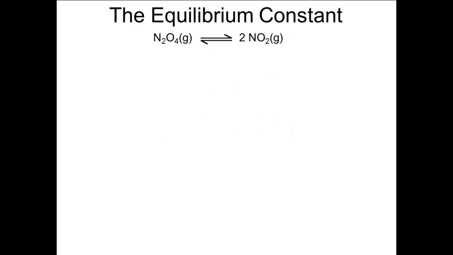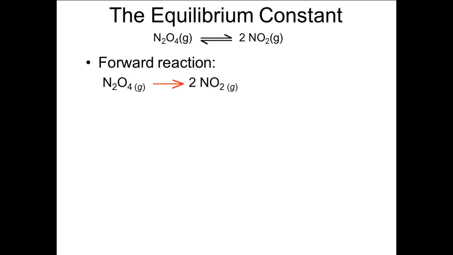Let's look at the equilibrium between N2O4 and NO2. Let's assume that both the forward reaction and the reverse reaction occur in a single elementary step. This may not actually be the case. The forward reaction is N2O4 gives 2NO2. Remember that for an elementary reaction, the rate expression is found from the stoichiometry of the reactants in the reaction.